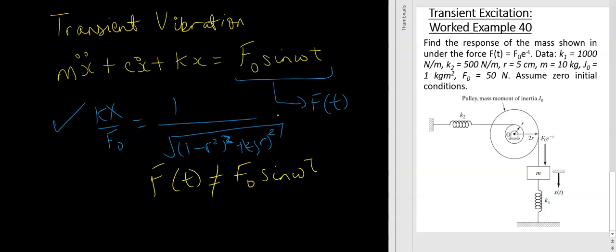So basically, in cases where F(t) is not equal to F naught sine omega t, or your forcing function cannot be represented as a simple harmonic excitation source, then we can't expect the response to be determined from expressions such as these shown here.